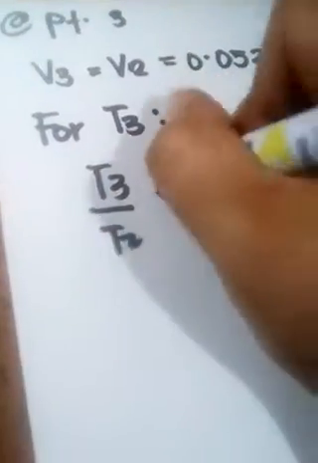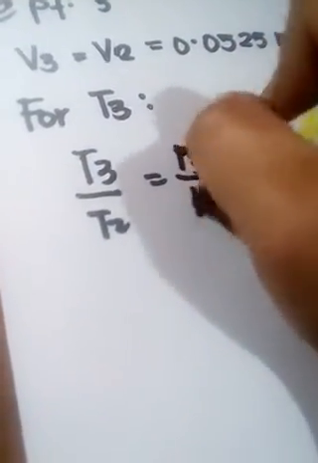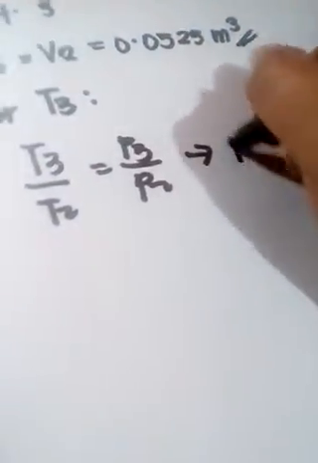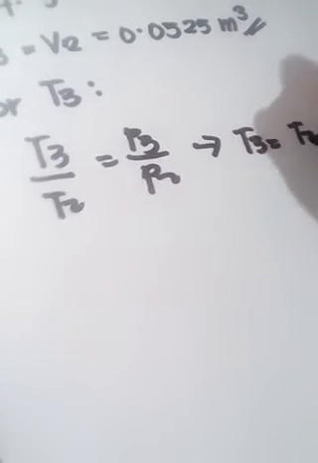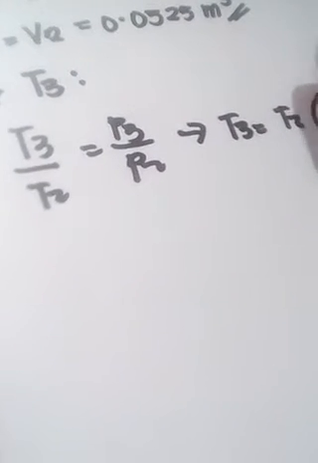Next, we're going to find the value of temperature 3. Let's use this formula: T3 equals T2 times P3 over P2.